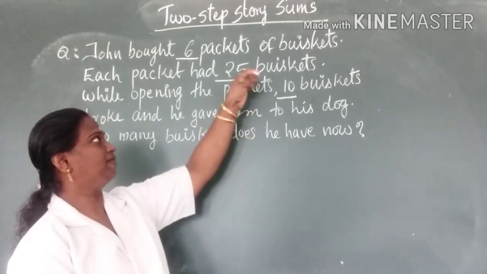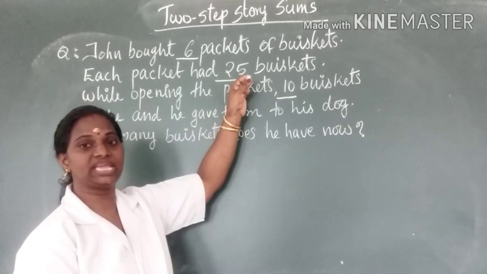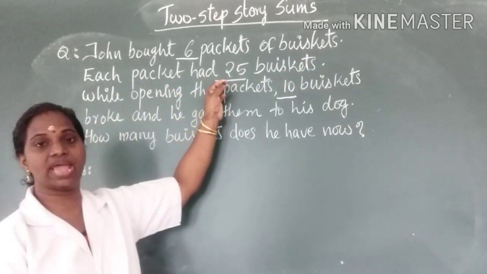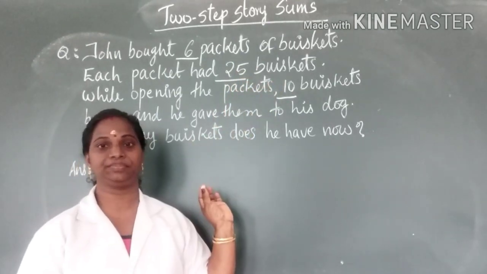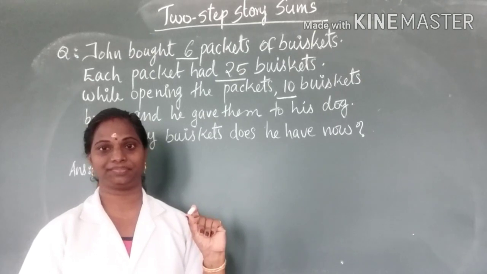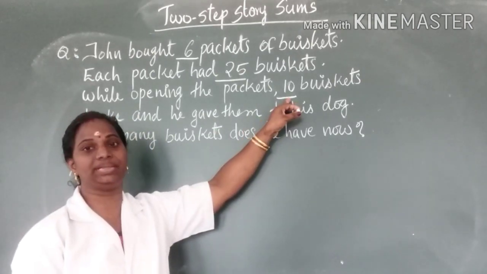Then the second number, 25. What is indicated by this 25? Each packet had 25 biscuits. So you can write down number of biscuits in one packet. Clear? Then the third number, 10.